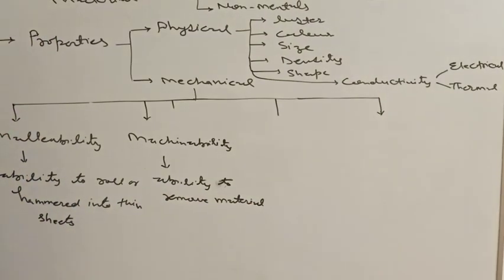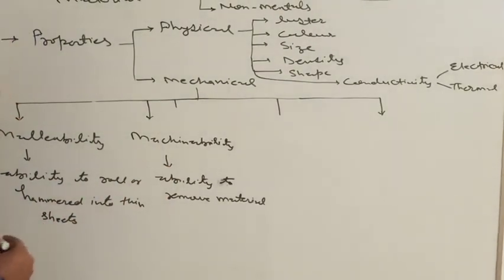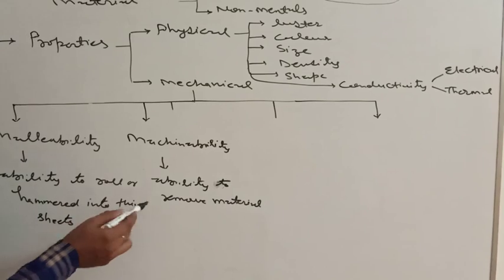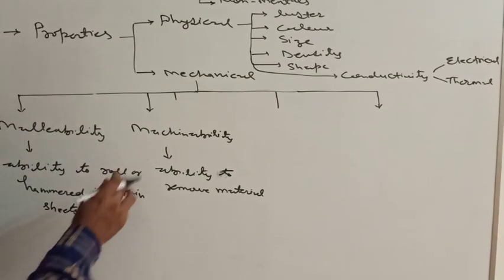If a material is easily removed, then it has high machinability. A softer material has high machinability, and a harder material has very low machinability.